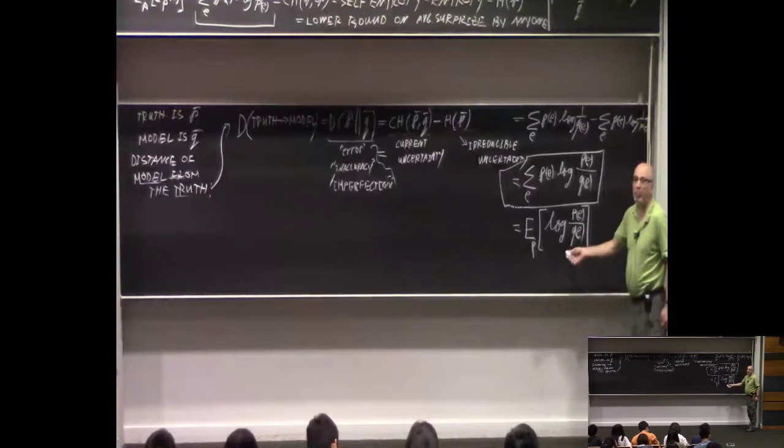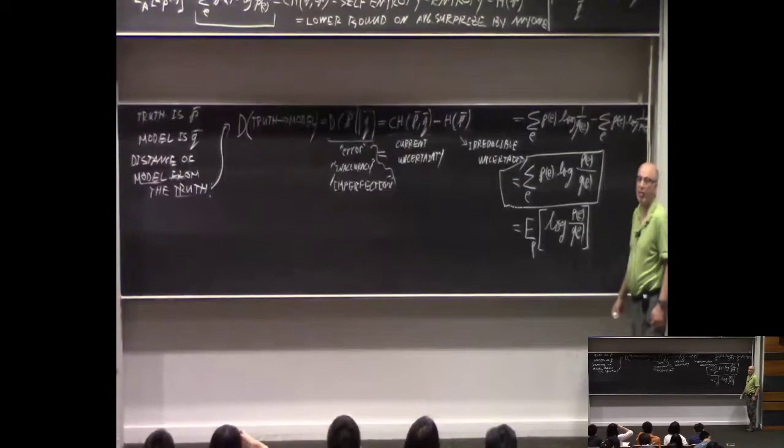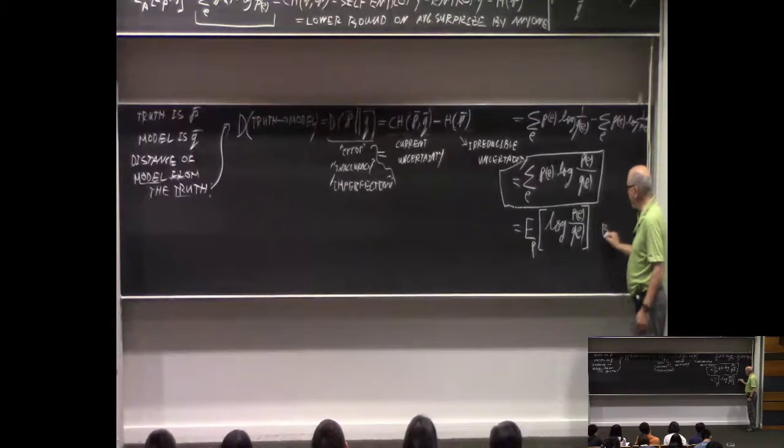So I go over all possible outcomes. I look at the ratio of the true probability to the presumed or model probability, take the log of that, and take the expectation over all events. This is measured in bits, like everything else.